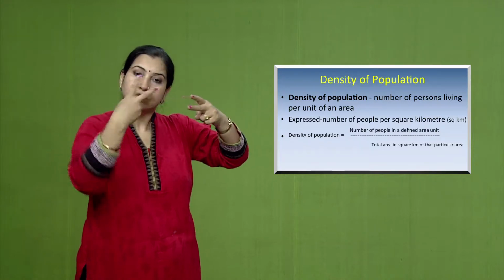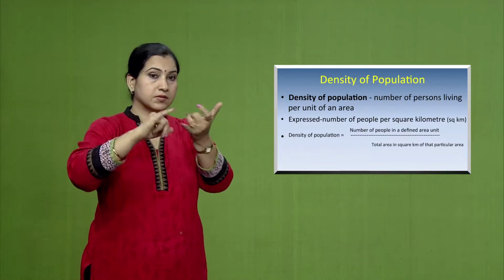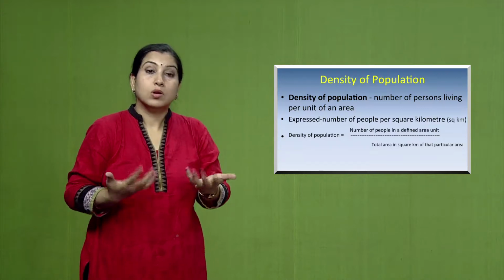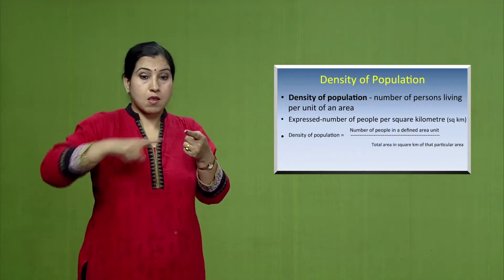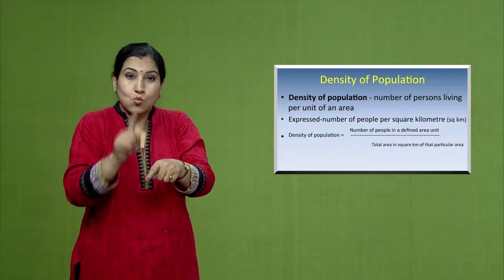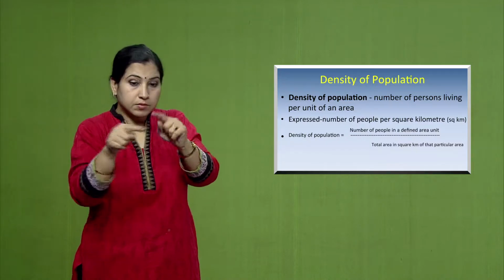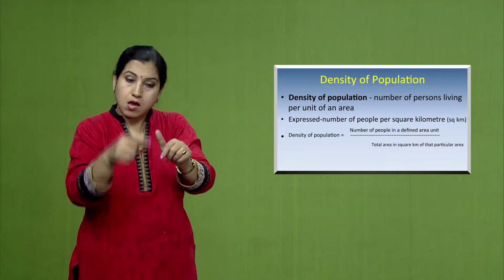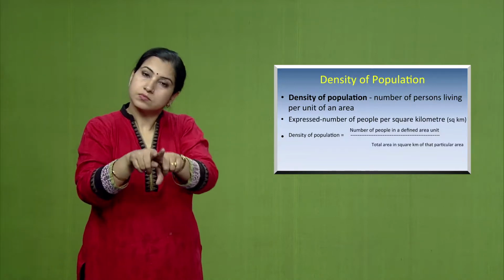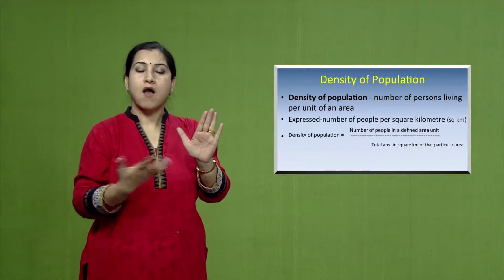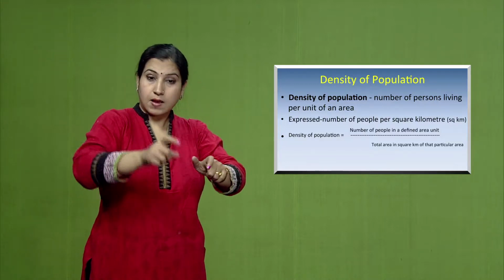Therefore, the density of population is the number of persons living per unit of an area. It is usually expressed as number of people per square kilometer.